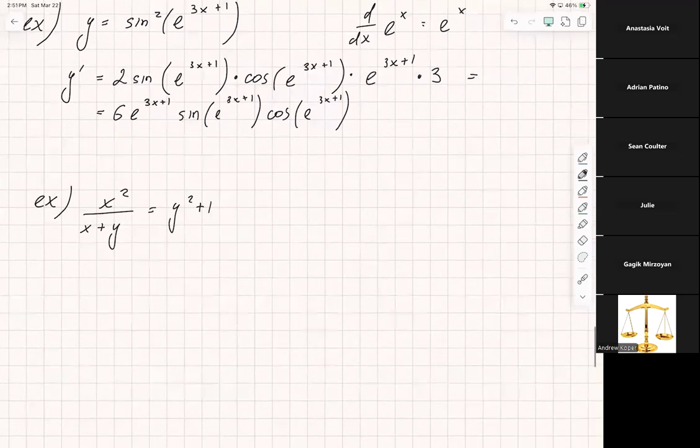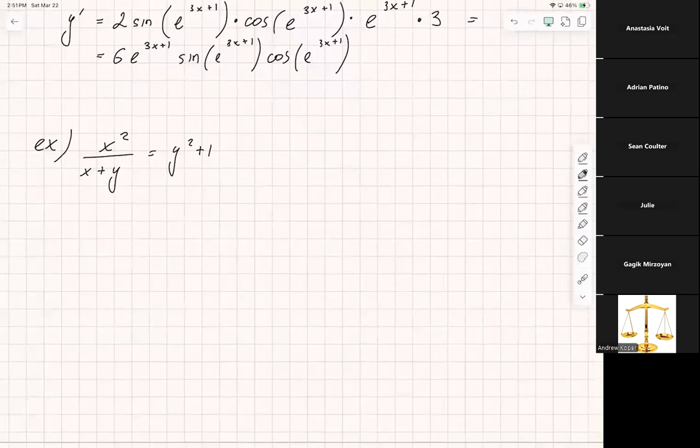Using implicit differentiation, we take the derivative of every single term step by step, right? At first, you see that on the left side, we have the quotient rule, right? So this would be your u. This would be your v, okay?